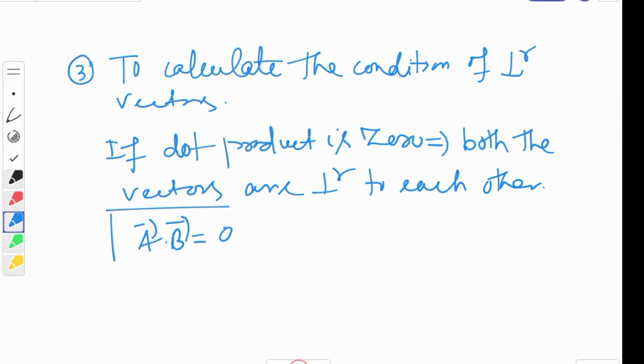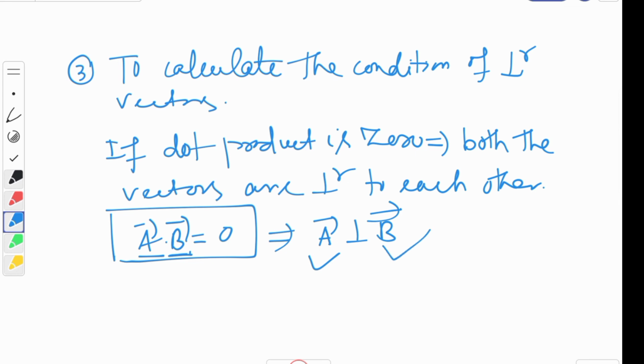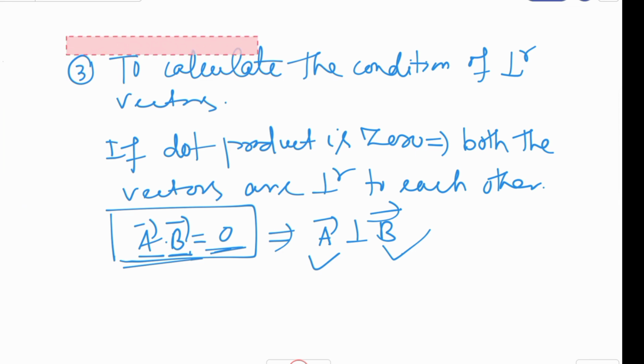So A dot B is equal to 0 when both the vectors are perpendicular to each other. In a question, vector A and vector B will be given. You have to find out whether these two vectors are perpendicular or not. Simply take the dot product. If the dot product is 0, both the vectors are perpendicular. If it is not 0, then they are not perpendicular. Easy, children? So this is all about the dot product in detail.